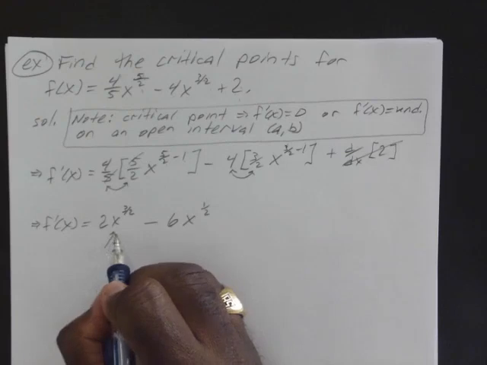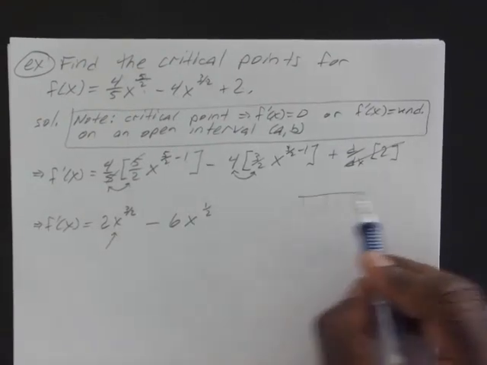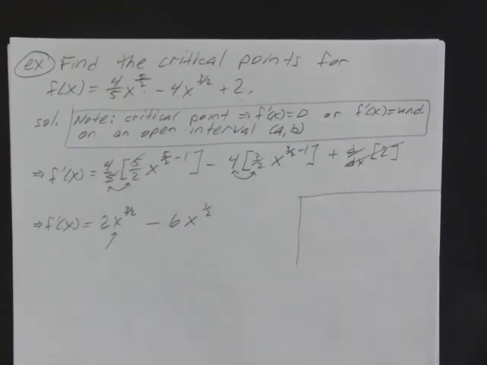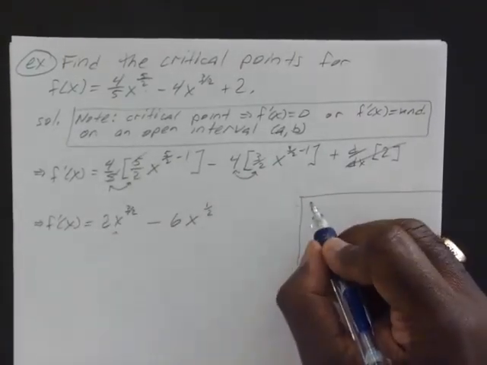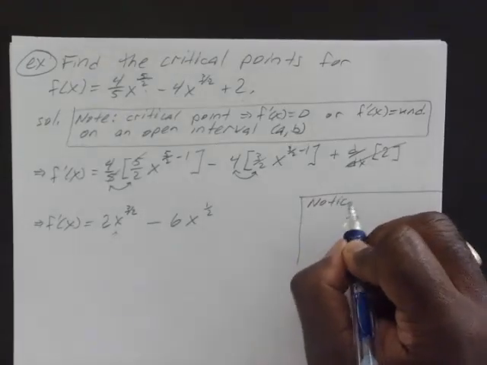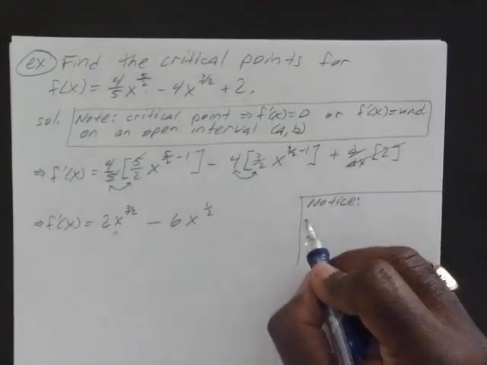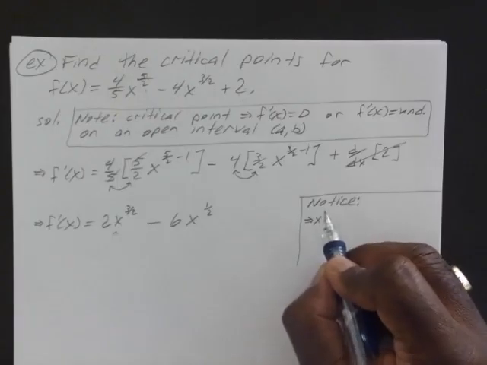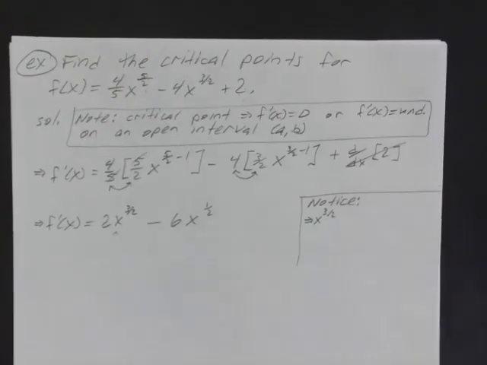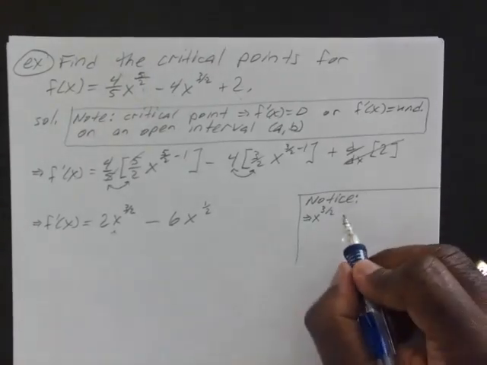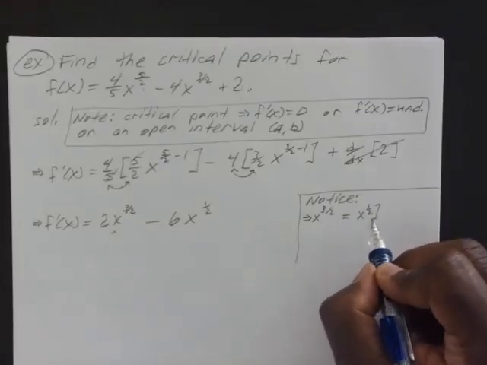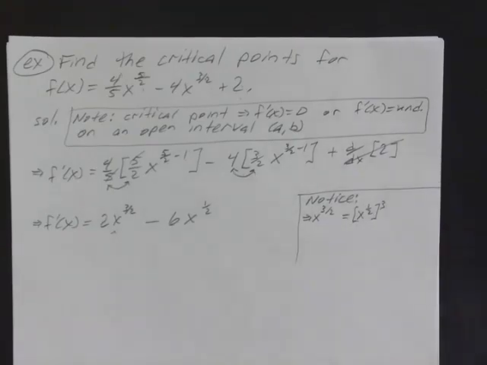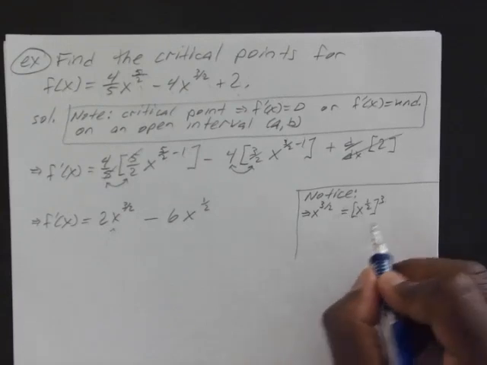Okay. Now notice here, I'll write this on the side. If you take that x to the 3/2 power, you can rewrite that as x to the 1/2 power cubed, because 3 times 1/2 is 3/2.